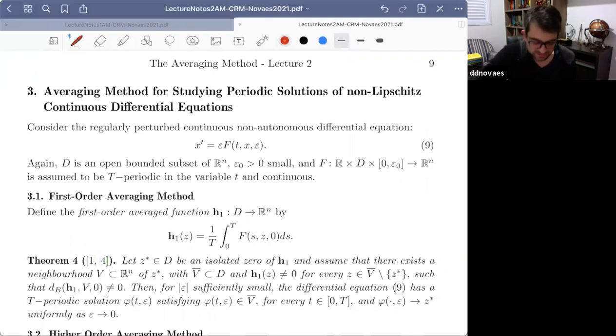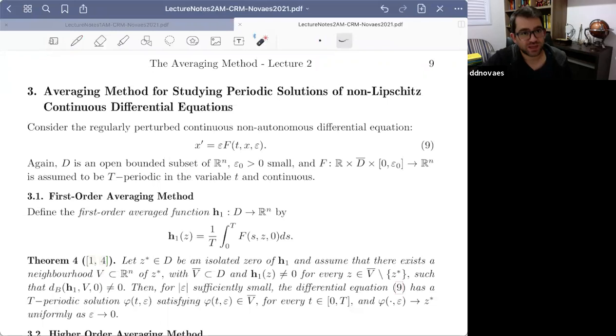That's the question. This problem has been approached before in a paper by Jaume Llibre and Buica, and with one of my students we have obtained some similar results, also for high order perturbation.